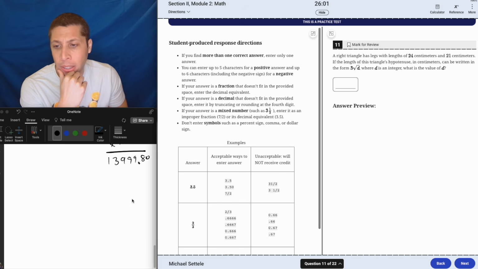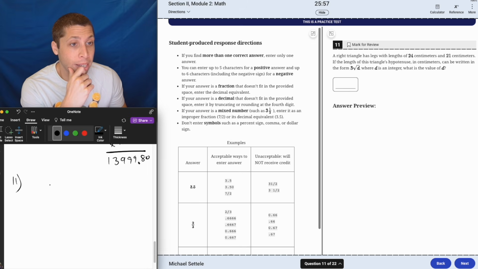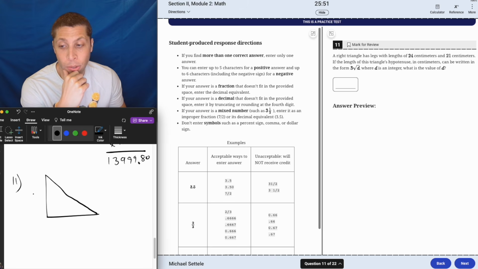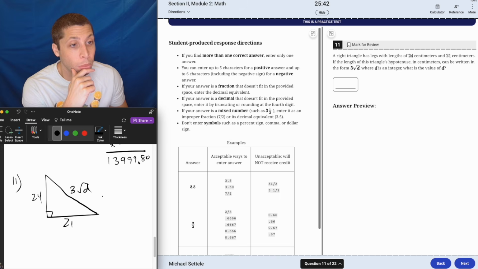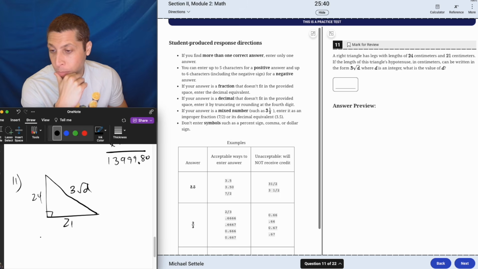Right triangle. Okay, right triangle has legs with lengths of 24 centimeters and 21. The length of this triangle's hypotenuse is 3 root d. What is the value of d? Okay, so little Pythagorean theorem. 21 squared plus 24 squared equals 3 root d squared.